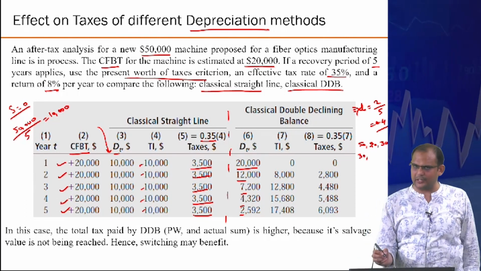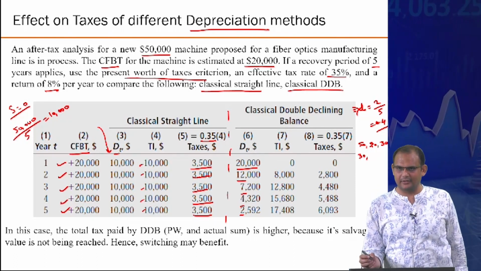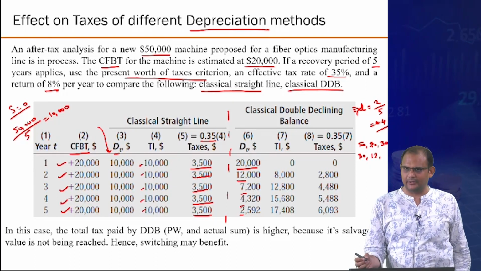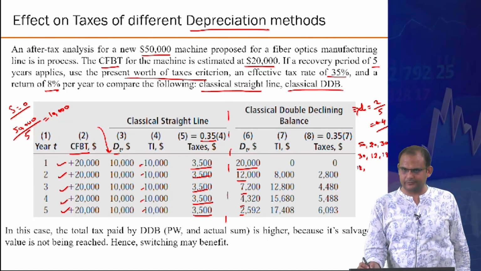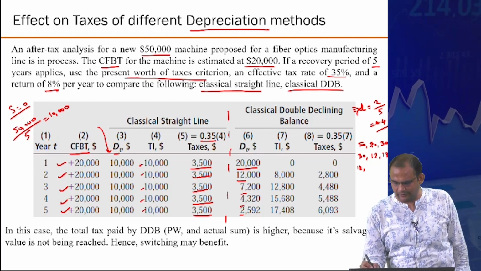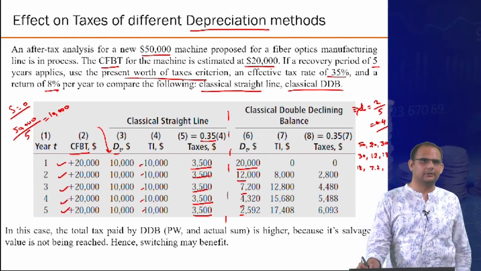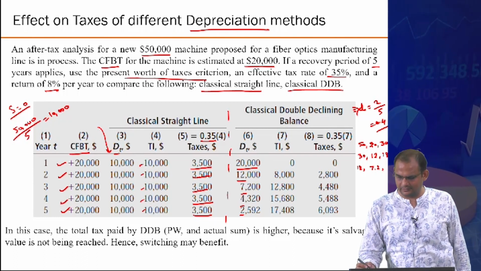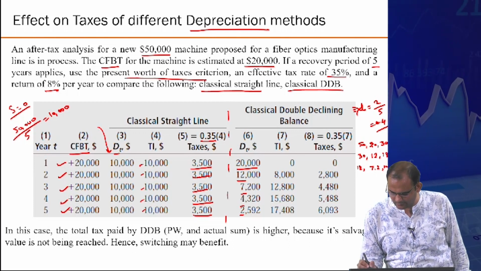Depreciation amount in the second year is what? 30 times 0.4 is 12. So, the book value is 18. Depreciation amount in year 3: 18 into 0.4, which is 7.2. Remaining is how much? 10.8. Okay, I'm not able to type there.